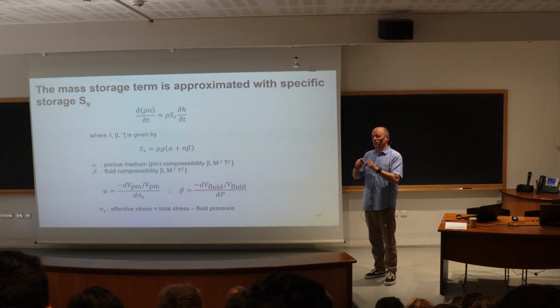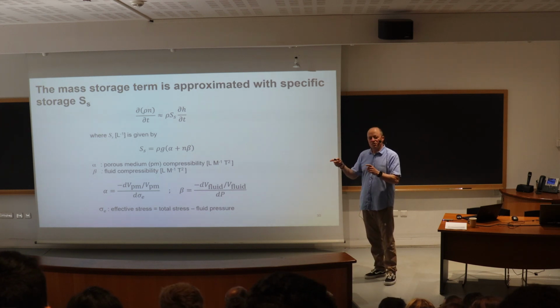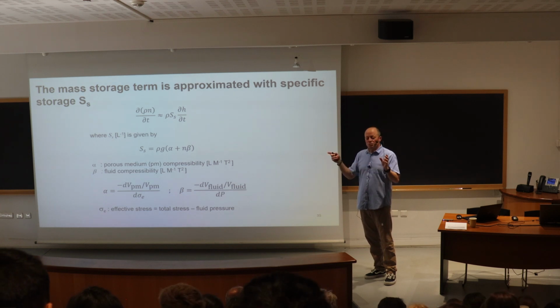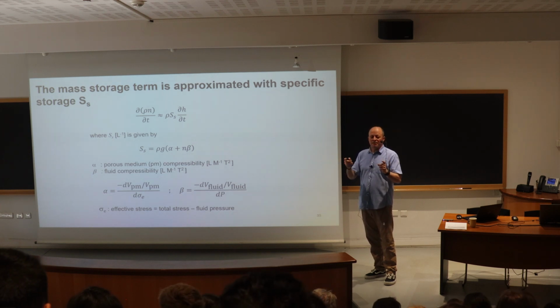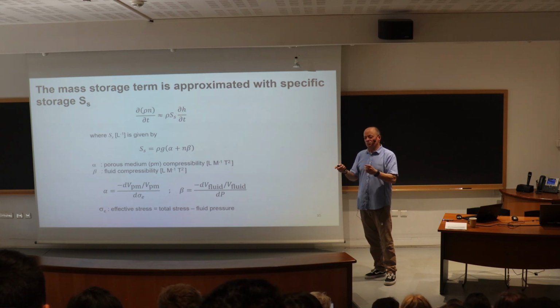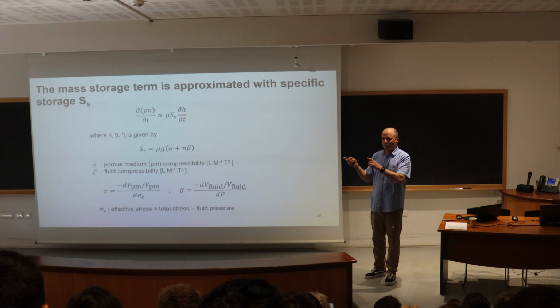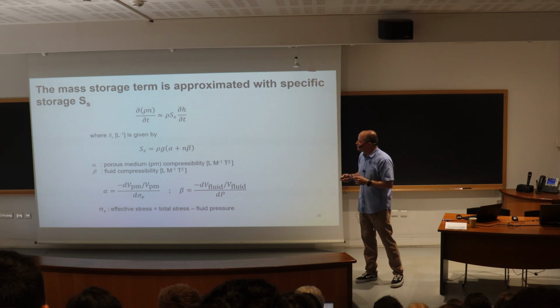You represent those functions by some approximation that are not continuous. And if your discretization is not sufficient, you will start introducing mass conservation problems. You do not conserve mass. But that's just an aside.